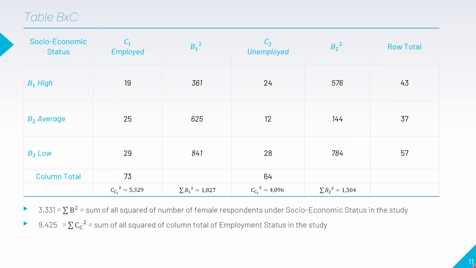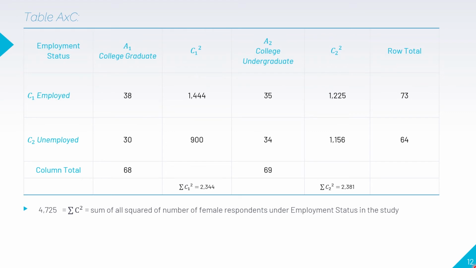Now let's go to our table A by C, which is our A, educational attainment, and our C, the employment status. So let's find our summation of C squared, the sum of all squared numbers of female respondents under employment status in the study. Let's just square this one, 38 squared, we have 1,444. 30 squared, we have 900.